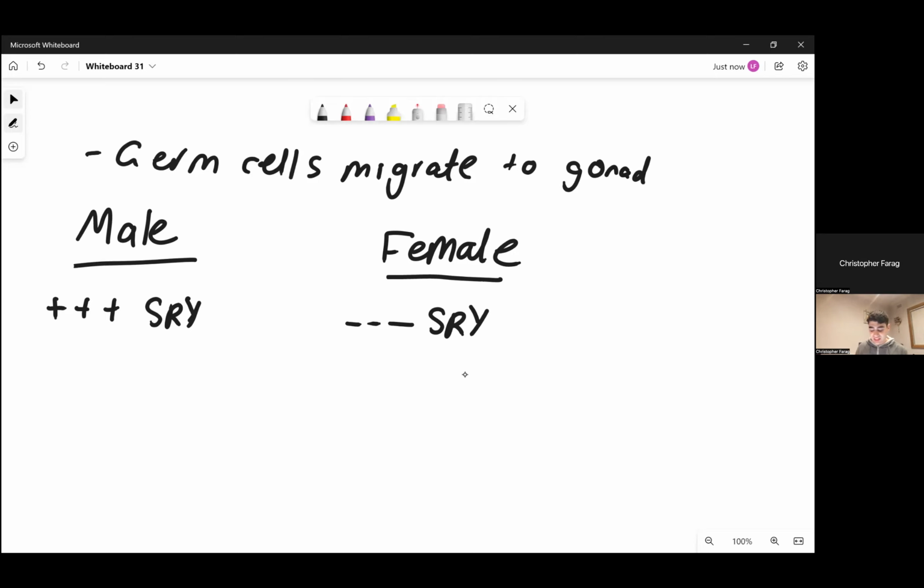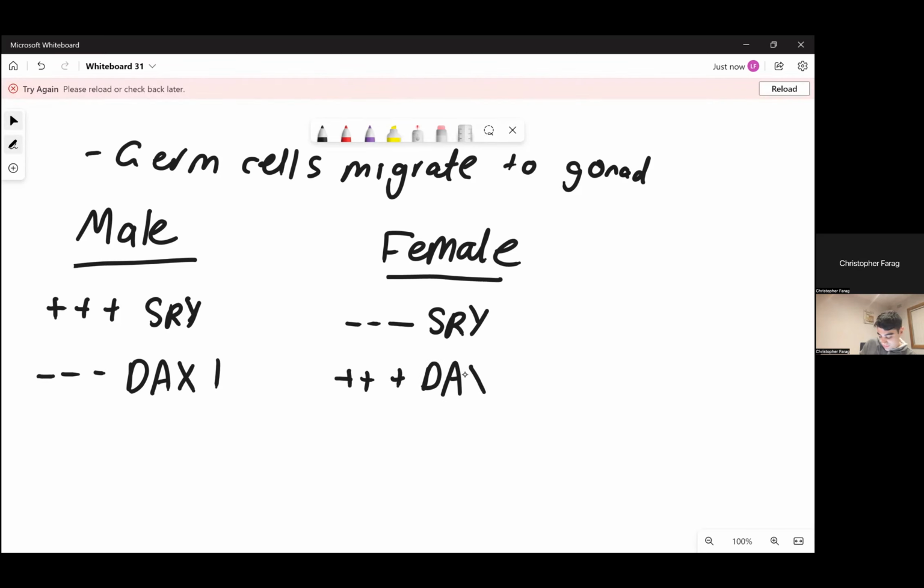Okay, now there's another key gene here called DAX1, which is high in females and low in males. So the DAX1 gene, we say, inhibits the development of testes. So when we're trying to develop testes to form a male, we want high expression of the sex-determining region Y, and we want low expression of DAX1.